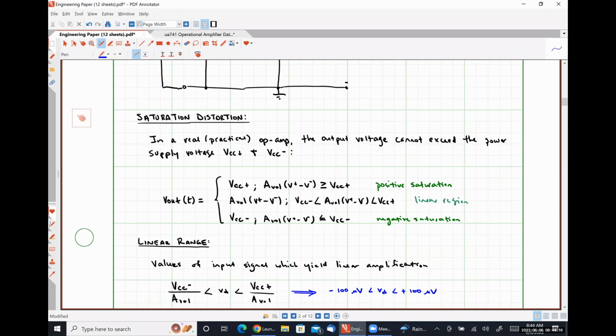So this is all that I wanted to talk about for today. On our next class meeting on Wednesday, we are going to talk about circuits that utilize this very small linear range by going over what are called open loop op-amp circuits.